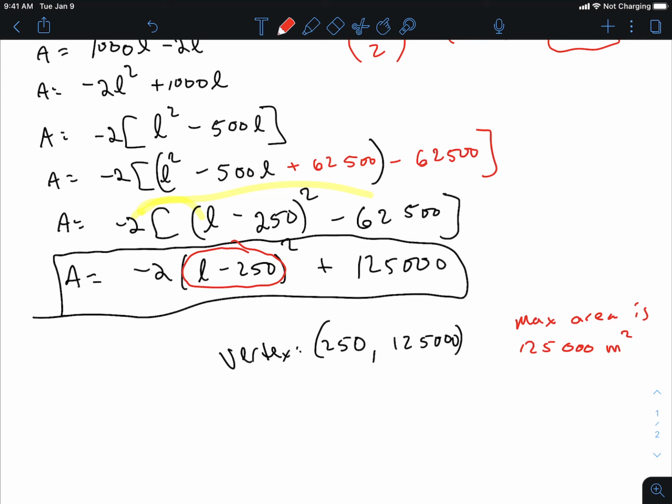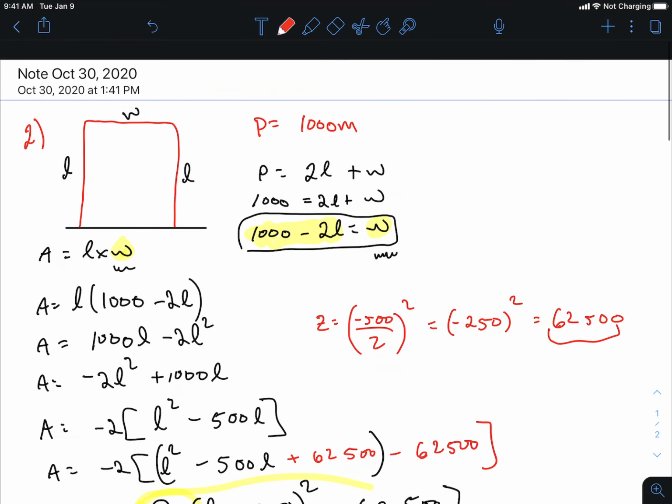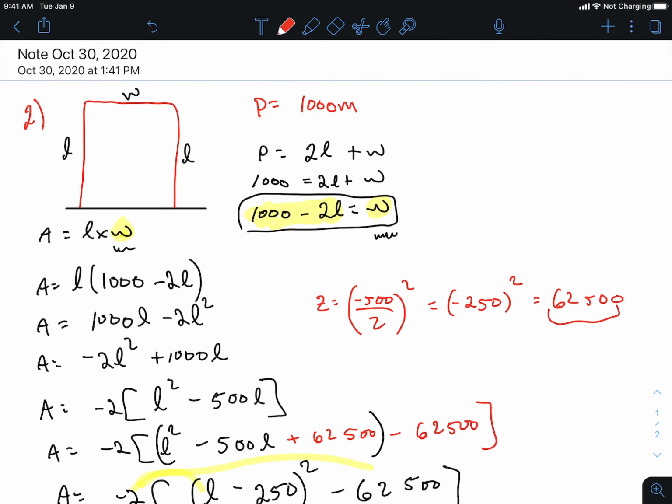Is it L minus 250? I'm asking what the length is for the picture. What's the length in the picture up here? Mr. Lin said this was a point of contention with completing the square, interpreting the vertex.